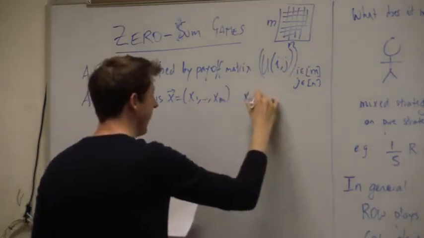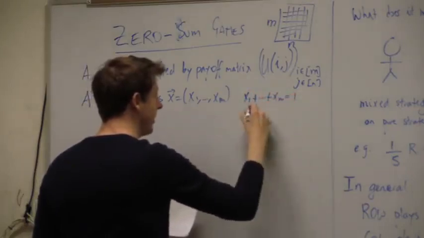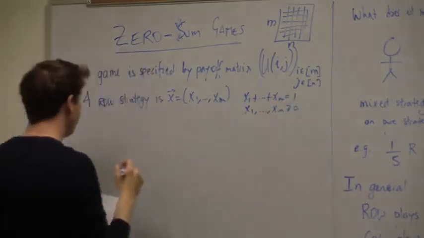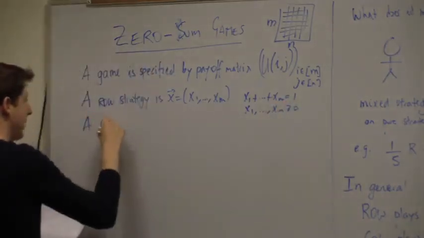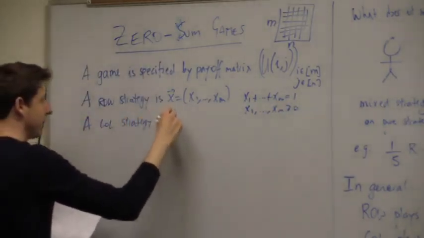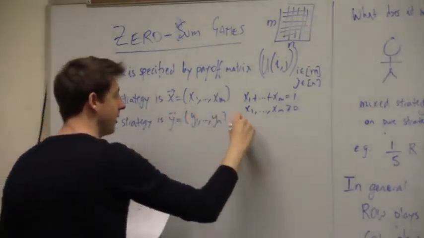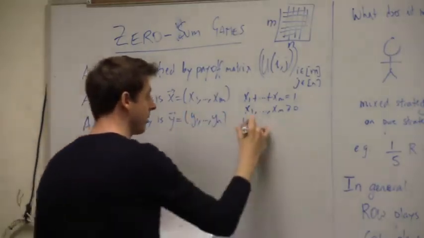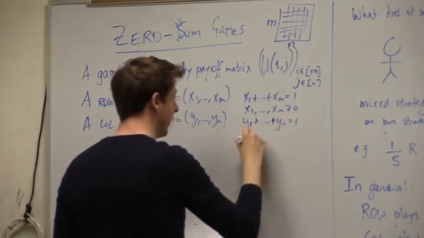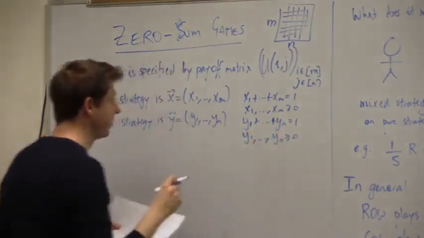So x1 all the way up to xm sums to 1, and all of these are non-negative. And a column strategy is a vector y, y1 through yn, where again, this is a probability distribution. So y1 plus up to yn is 1, and all of the yj's are non-negative.